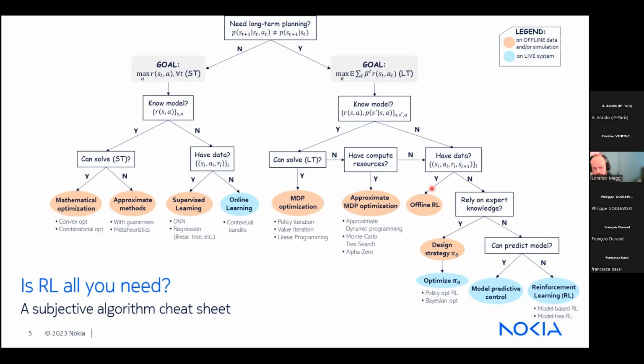Offline reinforcement learning, to be honest, as I was saying, is a nascent field. There's no question that supervised learning has been developed much more than offline reinforcement learning, also because offline reinforcement learning is per se a very hard problem. The main problem is that the data set you give to offline reinforcement learning has to be very rich.